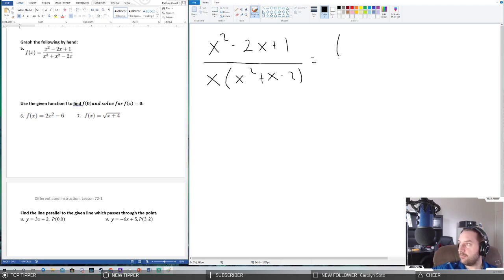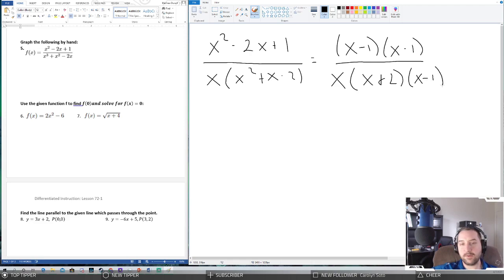So the top will factor into x minus 1 times x minus 1. The bottom will factor into x plus 2 times x minus 1. The x minus 1's cancel out, so that tells me I have a hole where x is 1.